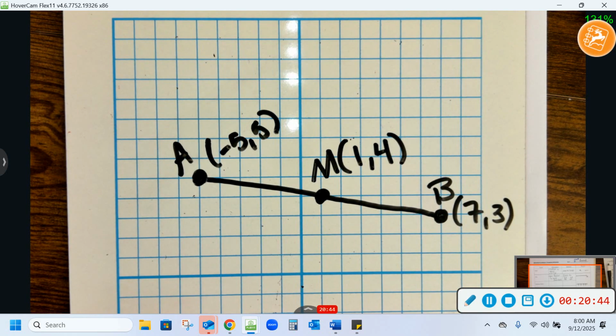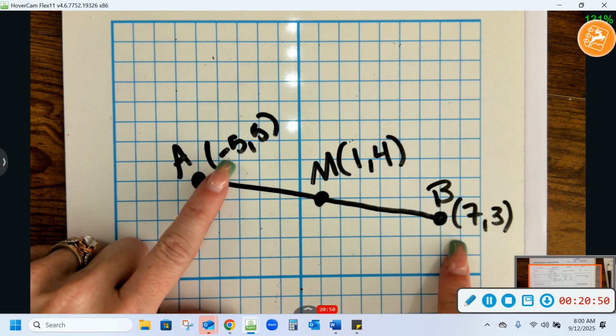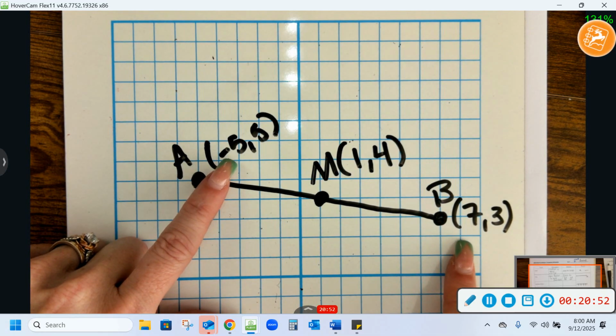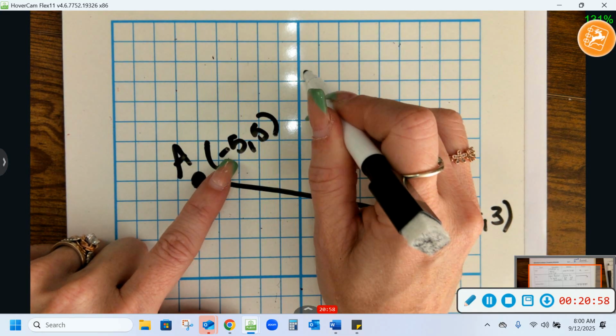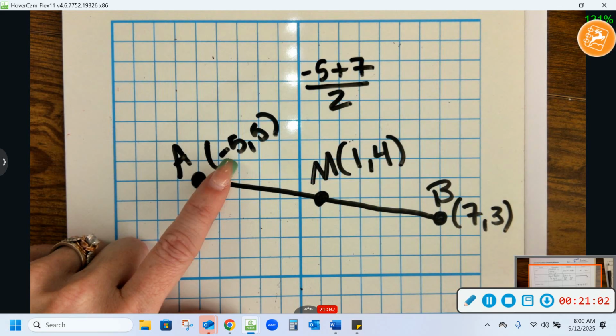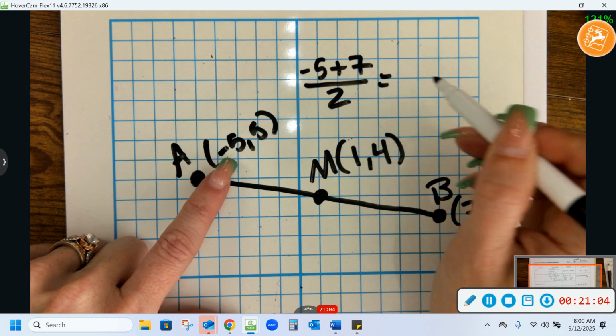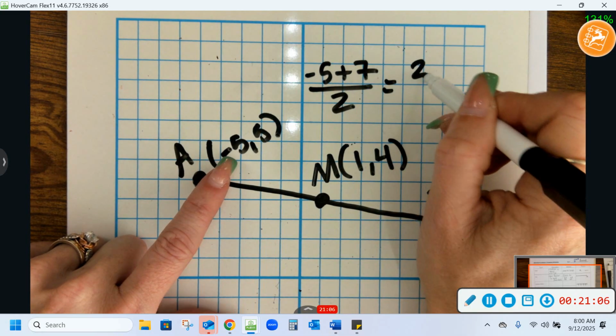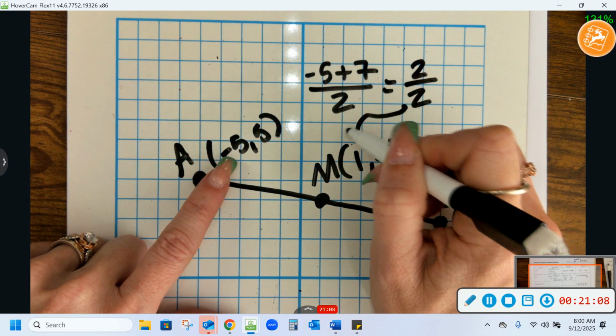What does midpoint mean? Middle. So if I added x and x and divided by 2, that would be the middle, right? So if I do my x values, -5 plus 7, and divide that by 2, what am I going to get? 2 divided by 2. Hey, there we go.